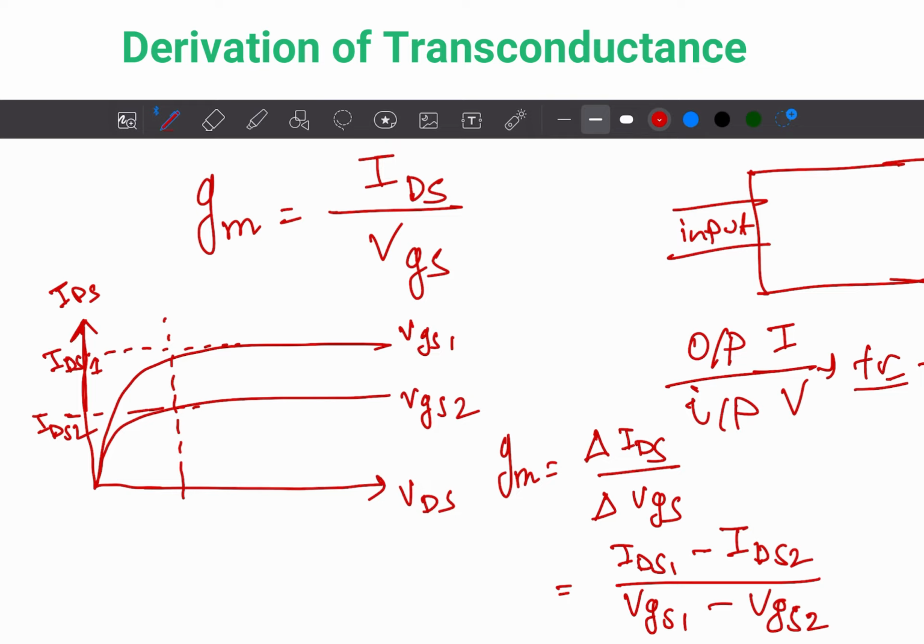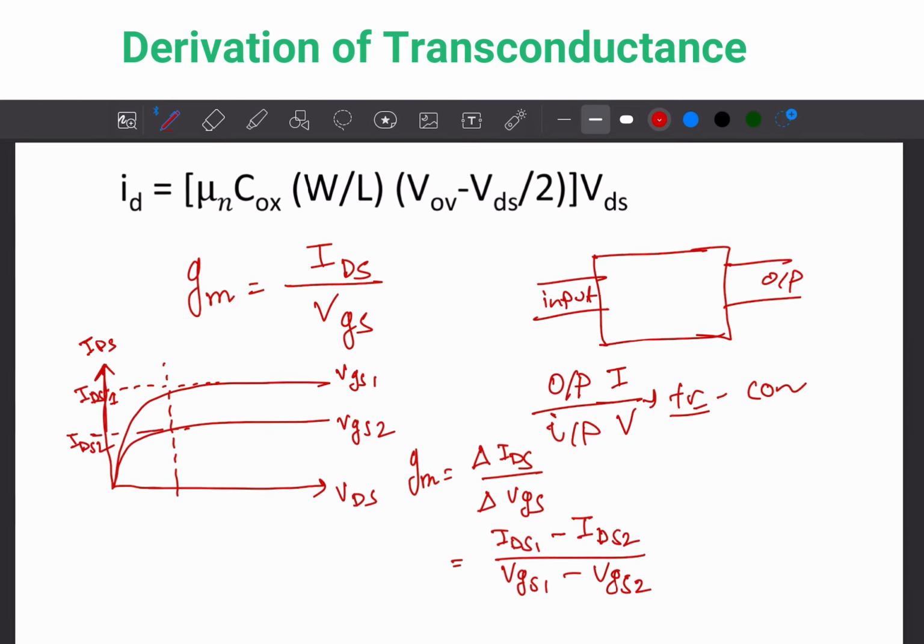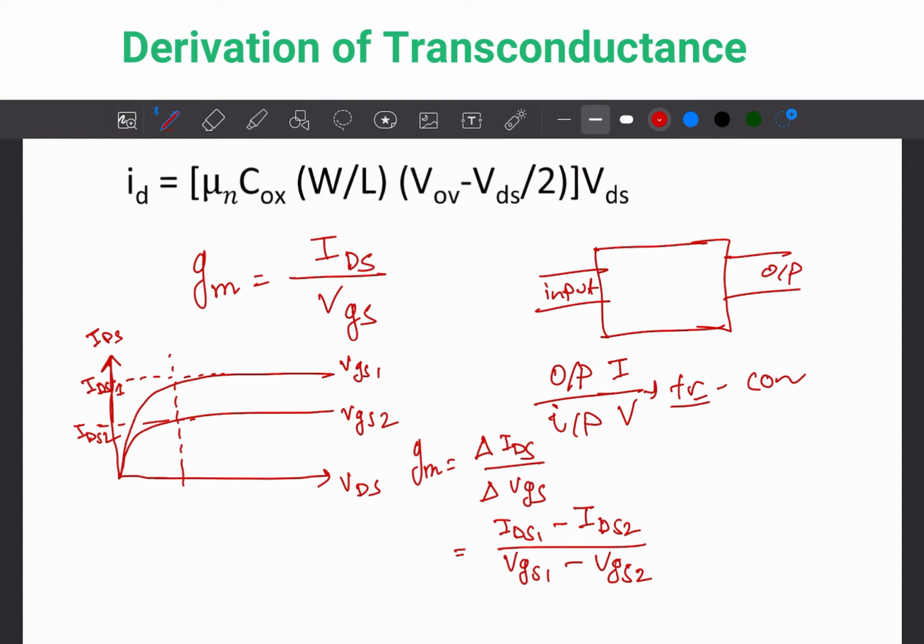Okay, so this is one way to calculate it. Okay, another way is GM is equal to partial differentiation of IDS divided by partial VGS. Okay, so if we do the partial differentiation with respect to VGS of this current equation, then we will easily calculate the transconductance GM.